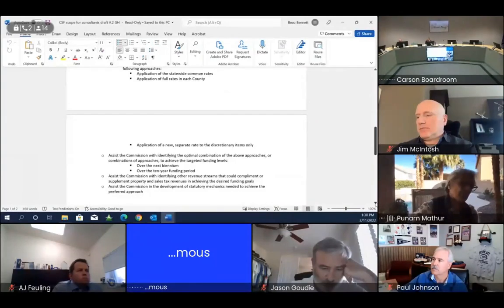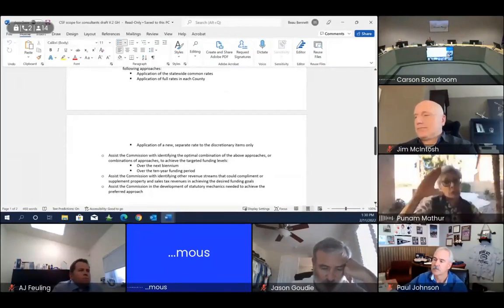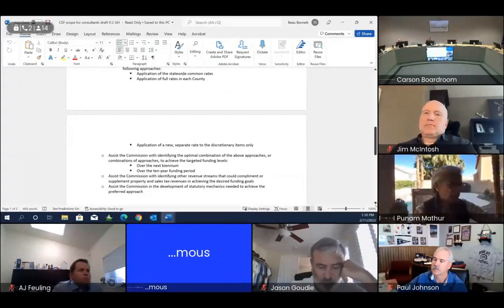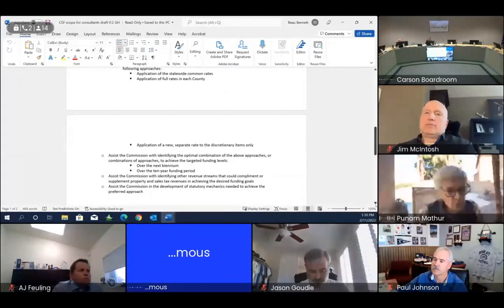Is there a way to reduce it on tangible goods while imposing it on services? Right, so that, yes, I'm paying on what I have never paid on before, but on what I have been paying for, I get a slight reduction. So I don't know if that's a bullet in here or if that's contemplated within a bullet that's already there.